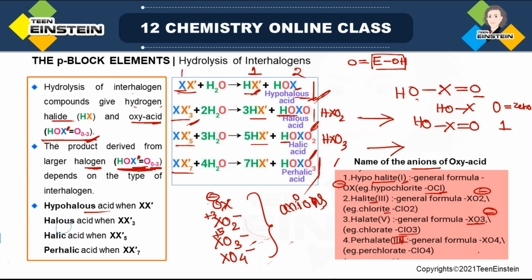General formula XO4 minus, and if you take the actual example, it is ClO4 minus, so the name will be perchlorate. See, ClO3 minus is chlorate, but ClO4 minus is perchlorate. Though there is no per-oxygen linkage, still the name is perchlorate. So is there any doubt in the formulas of the anions of the acid and also the formulas of the acid itself? Any part? Should I repeat once more?